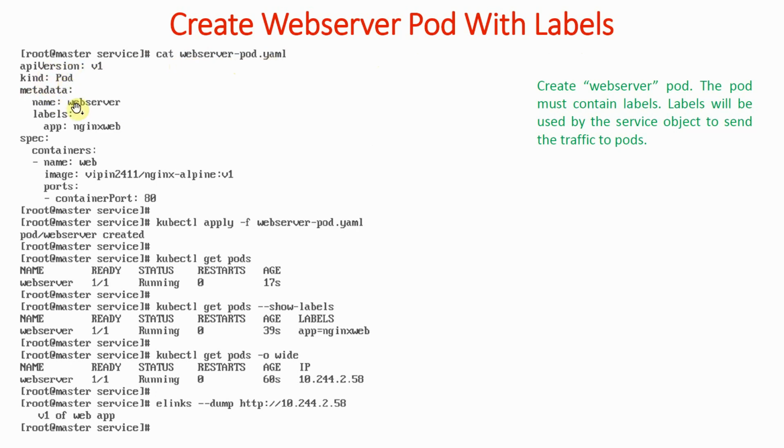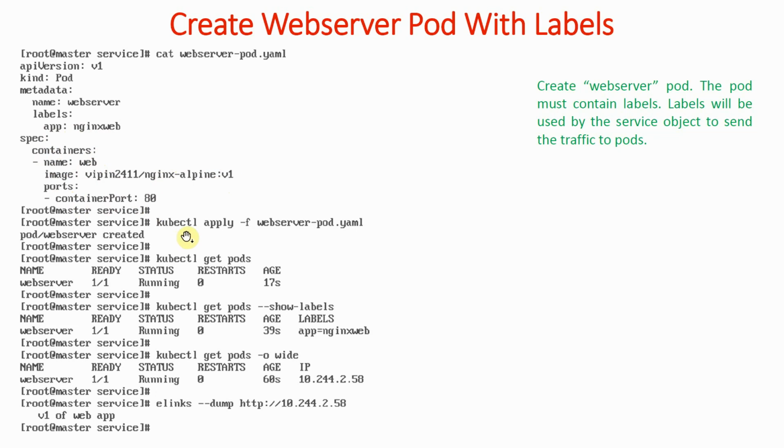Kind of object is Pod, and the name of our pod is web server, and the label we have attached is apps equal to nginx web. It will have one container. The name of that container is web, and the image we are going to use is version 1 of our nginx alpine, the custom image created by us, and we are exposing container port 80.